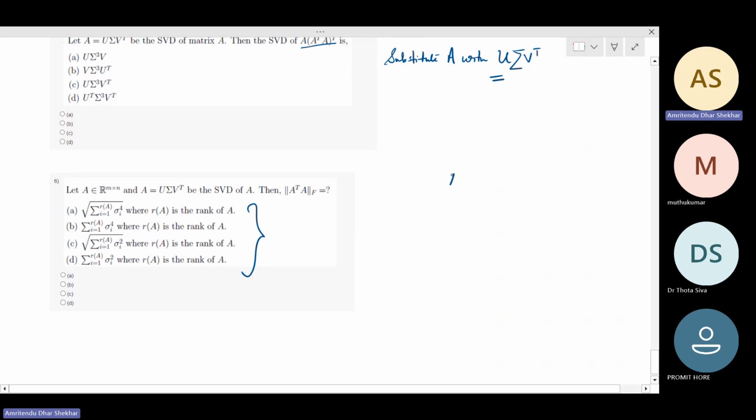We recall we would have written it as A transpose A V1 is equal to sigma 1 squared times V1. So the singular values are the positive square roots of the eigenvalues of A transpose A. Be careful which power you are dealing with here. The rest should be clear.